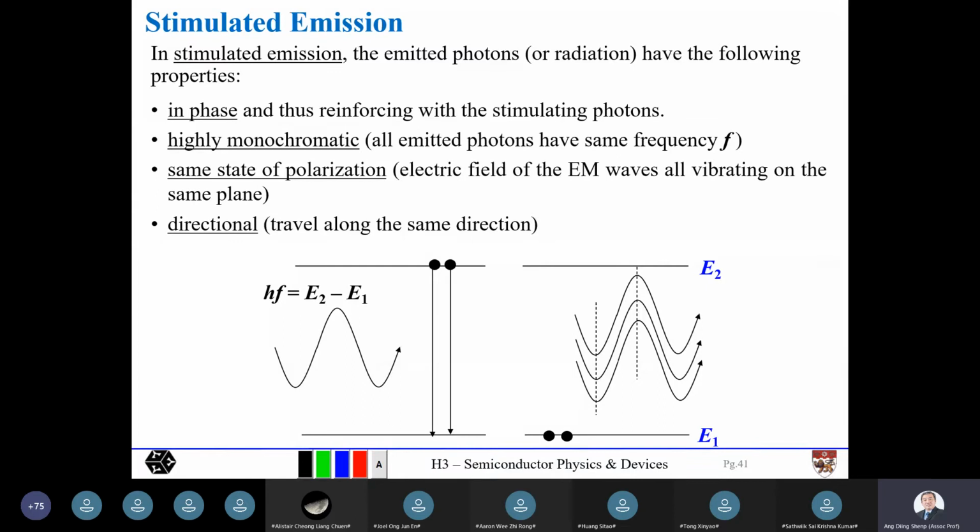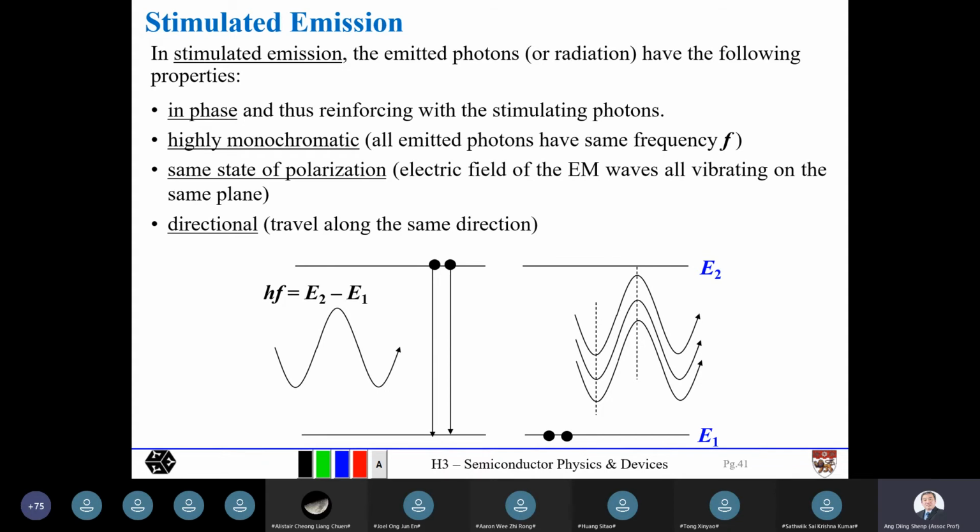Now, why do people call it population inversion? Under normal circumstances like thermal equilibrium, electrons always occupy the available lower energy states first before they populate the higher energy states. So under thermal equilibrium, we always find fewer electrons at higher energy level than at lower energy level.